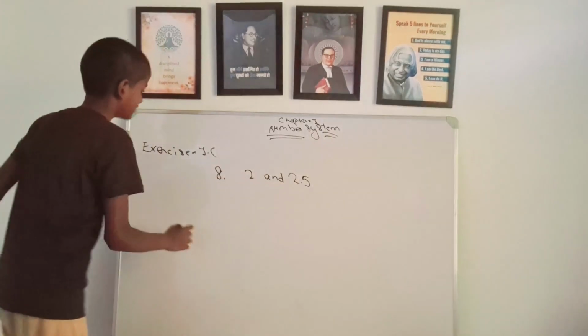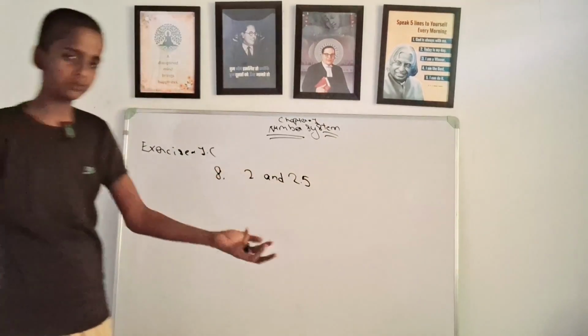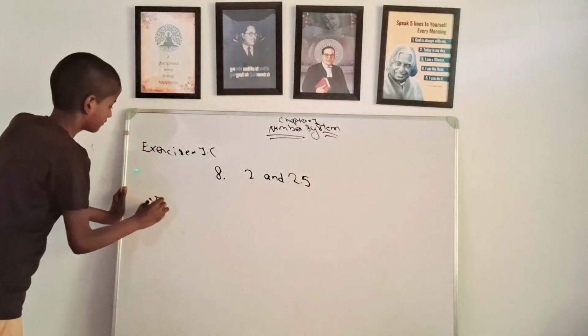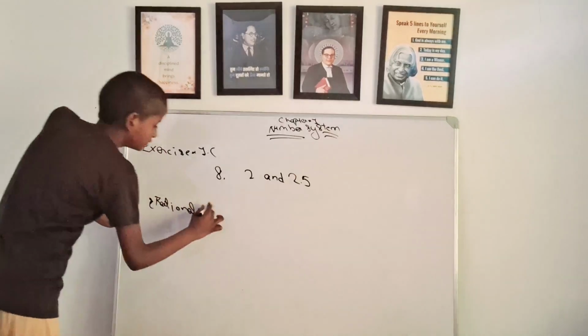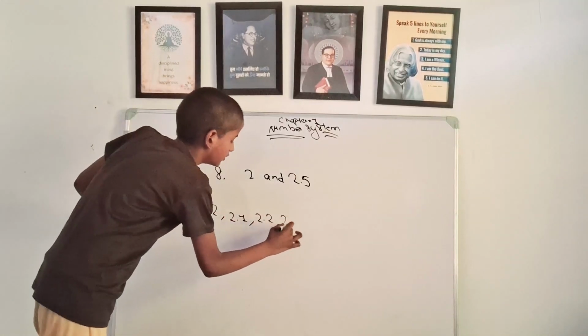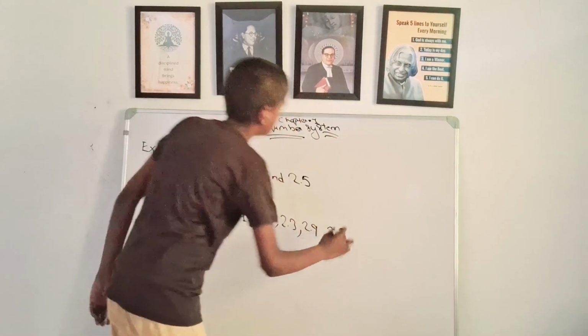So first our rational number. You know that between 2 and 2.5 there are 2.1, 2.2, 2.3, 2.4, and last 2.5.